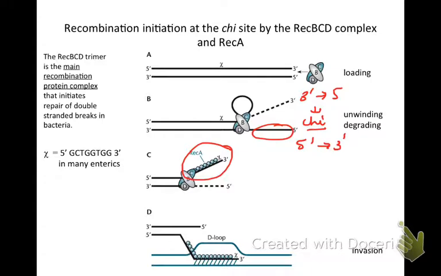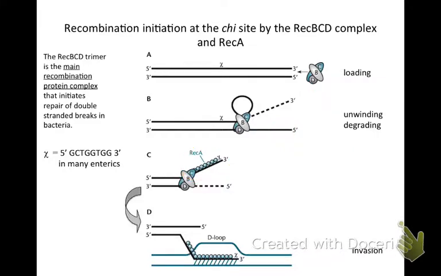So once it becomes this single-stranded molecule, we have the entry of RecA into this complex. And then we're going to look at how that complex, shown in C, is able to create what's called the D loop, shown down here.